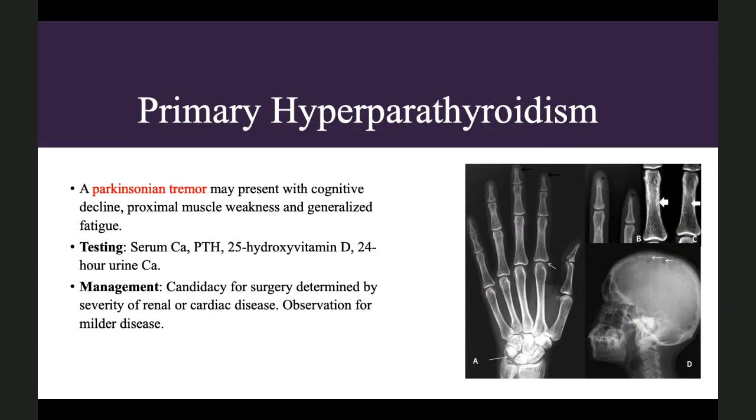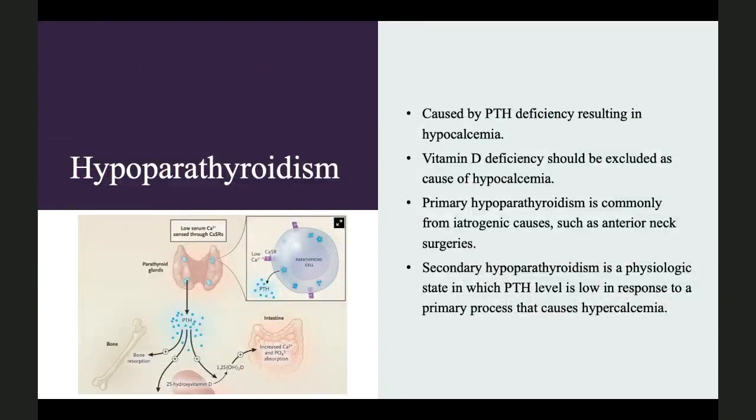And testing consists of checking the serum calcium, PTH, 25-hydroxyvitamin D, and urine calcium. Mild disease is just managed with observation, but in serious cases, we check for candidacy for surgery by the severity of renal and cardiac disease.